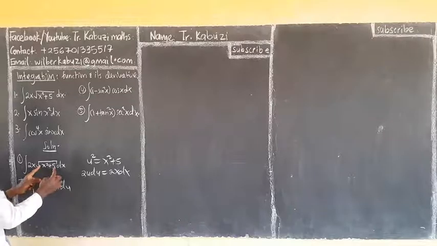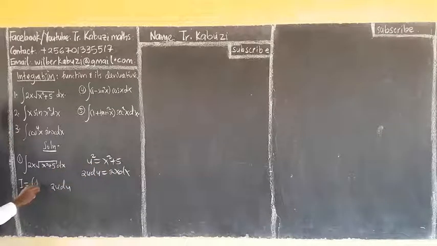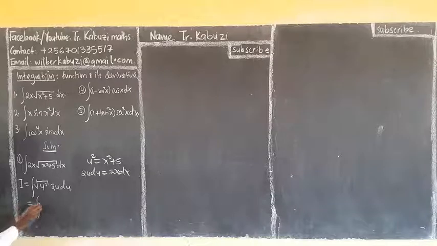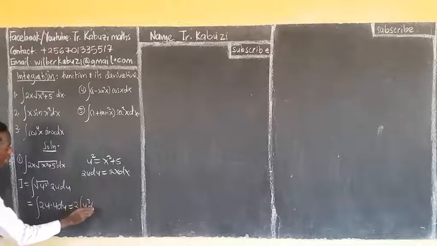Then the whole of this is u squared, so you have root of u squared like that. If I remove that, the whole of that will give me integral of 2u times u du, which will be 2 out, then u squared du.